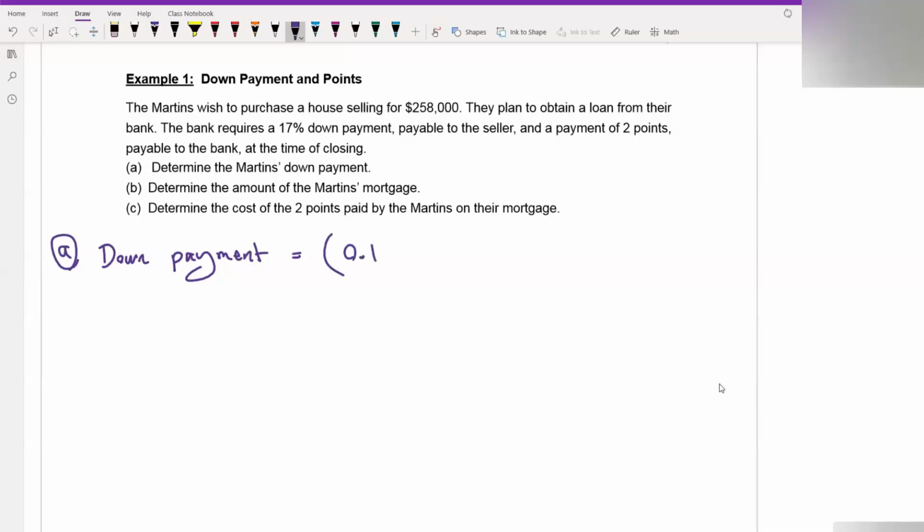So it's 17% times $258,000. That is $43,860. This is down payment.